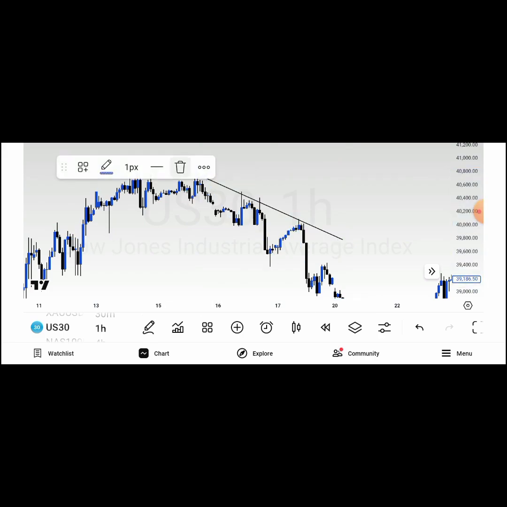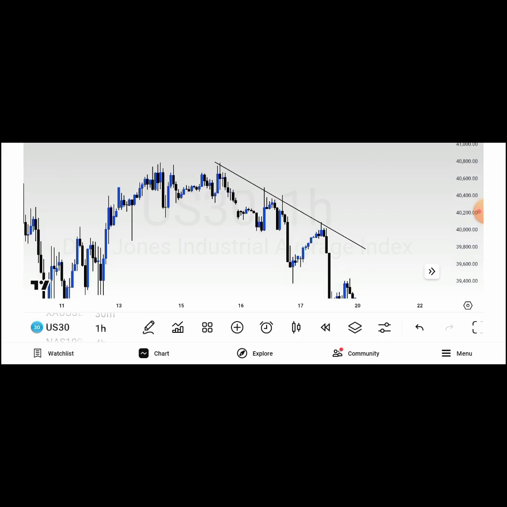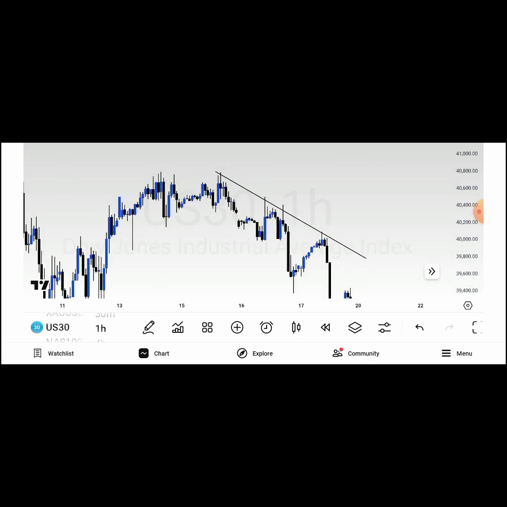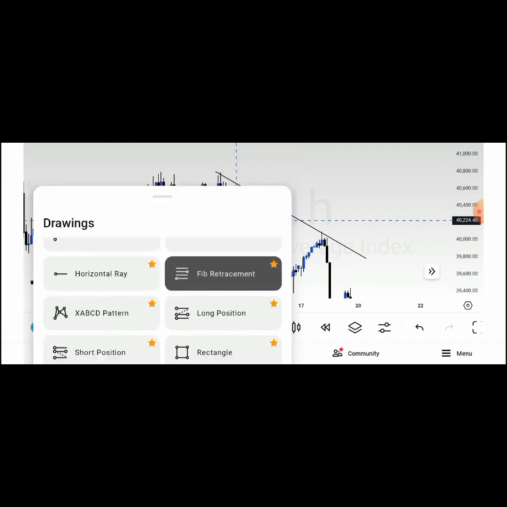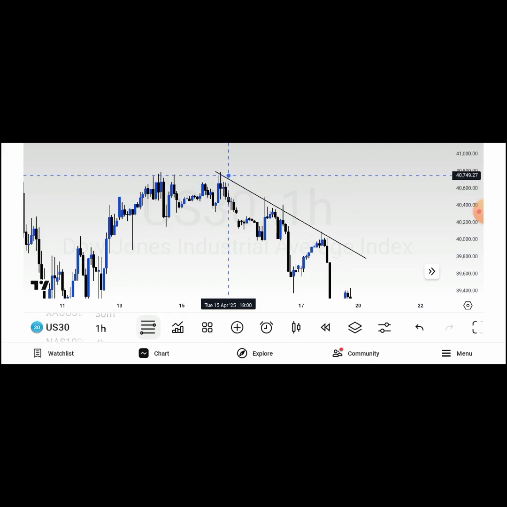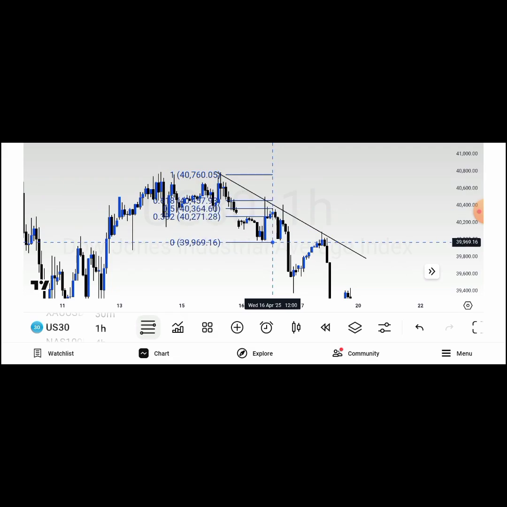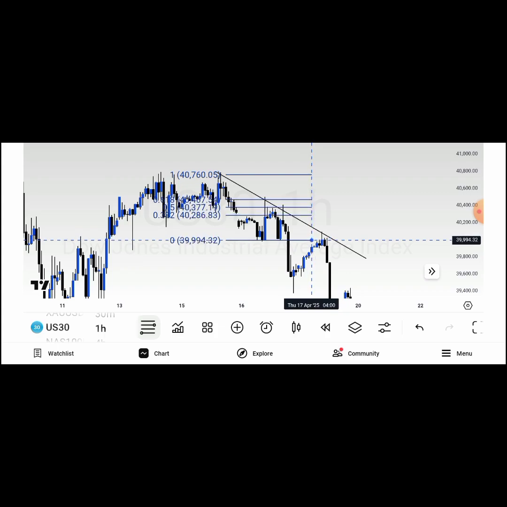So now let's try to use Fibonacci here on this downtrend. So let's go there, Fib retracement. So you place it here and then you drag it down. This is the low here, this point. So you drag it, then you move it to the right.